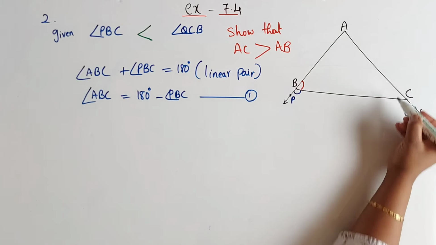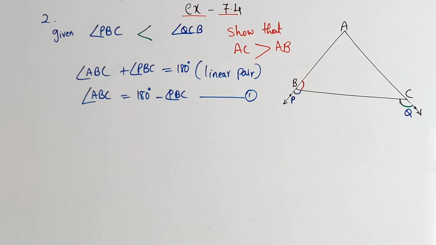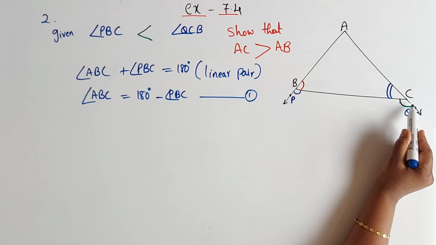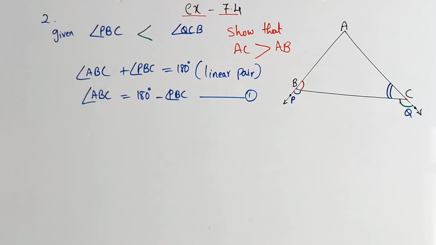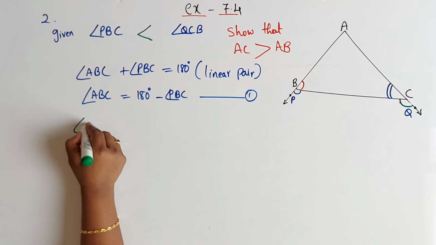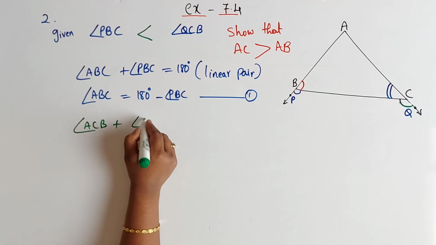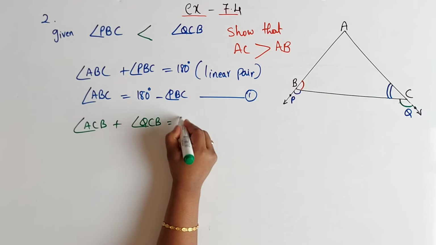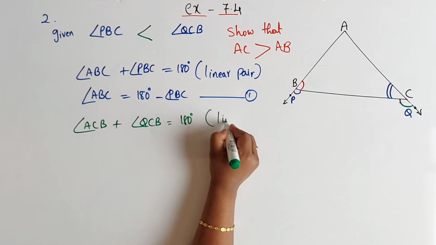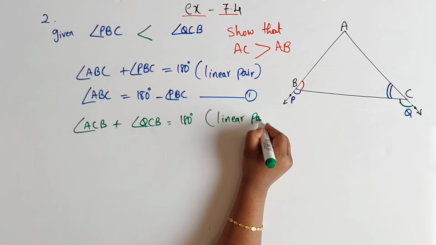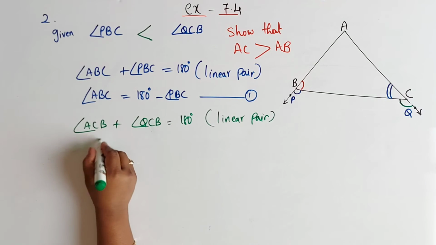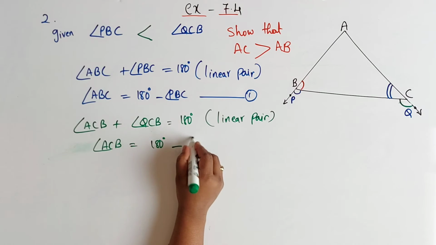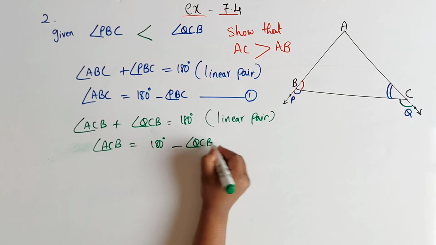Angle ACB here and angle QCB. Angle ACB plus angle QCB is also 180 degrees. Here also the reason is linear pair. From here angle ACB is 180 degrees minus angle QCB, children.